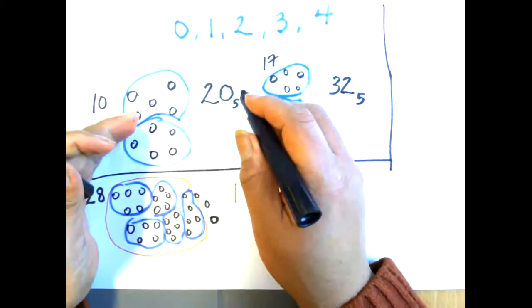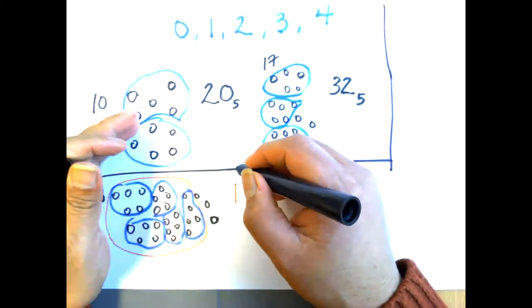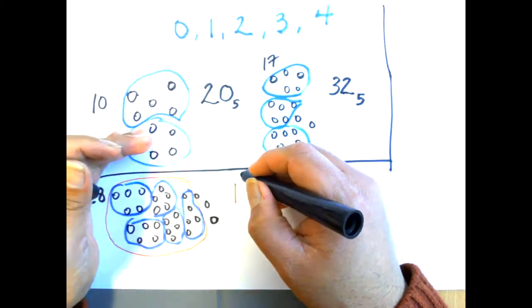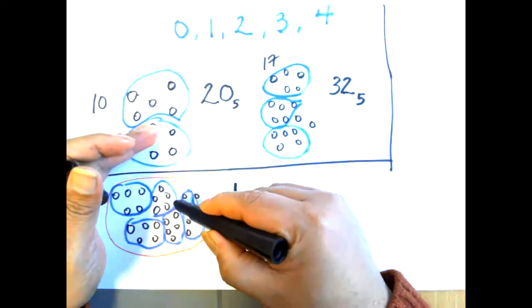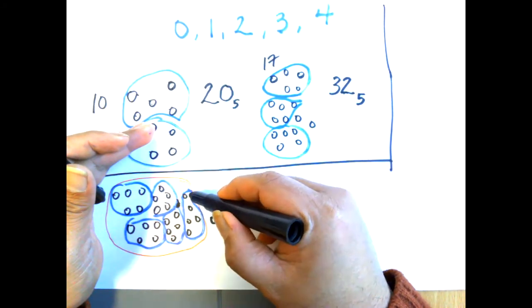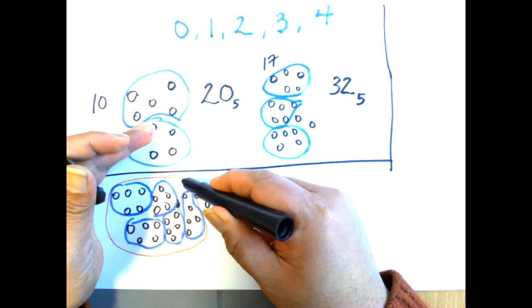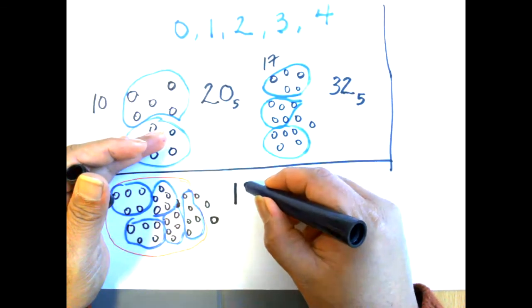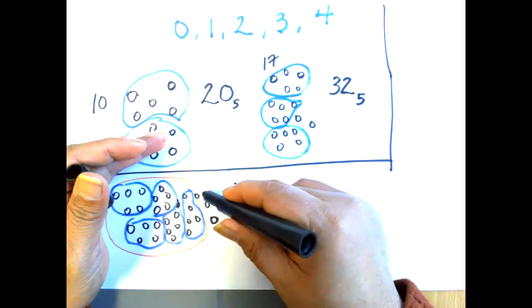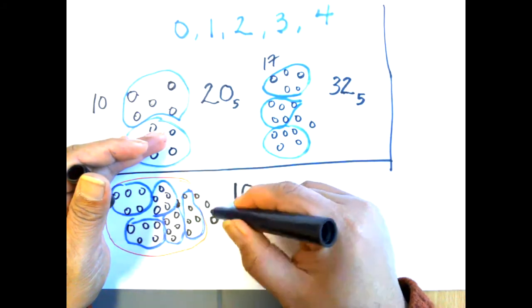Okay, so here in the brown grouping, we only have one of them. What about the blue grouping? We don't have any of them, right? So there's no blue group outside of this brown group. So we put there 0. And how many outside?